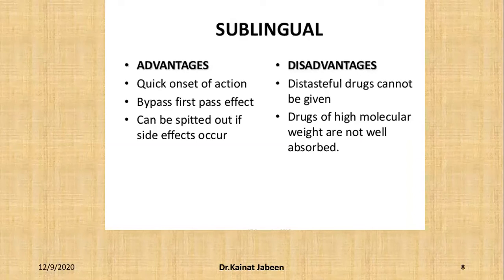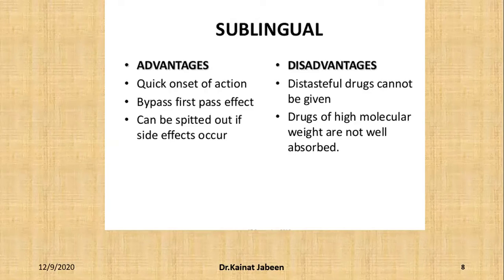Again, if you take the medicine orally, it will go into your stomach and will be destroyed by the gastric juice. It can be spit out if side effects occur. If you think that there is a problem, then you can easily spit it out.